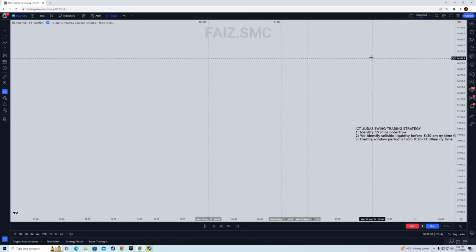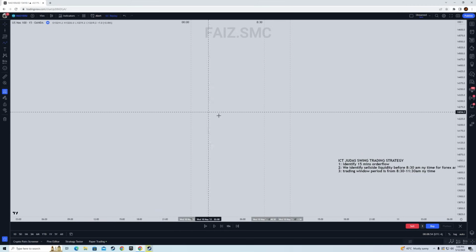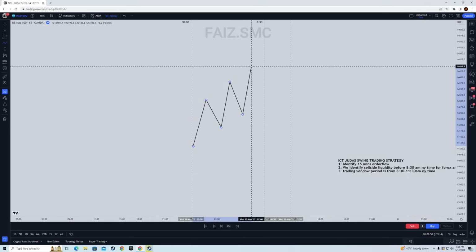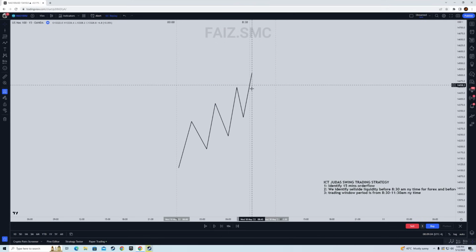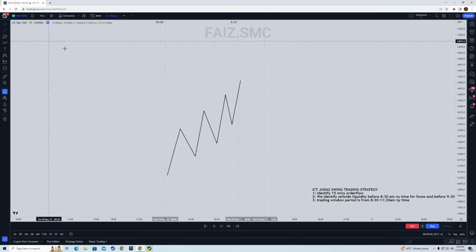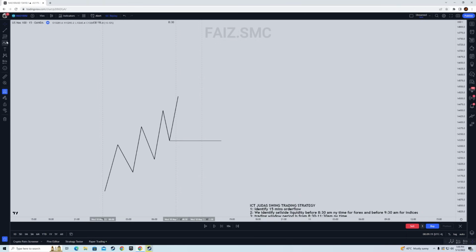Let's say that we have been bullish, respecting PD areas, and now we have the 8:30 open here. We know that we are bullish, so you want to mark out liquidity levels. It could be a significant low, equal highs, or a minor structure. What structure should you not look for?